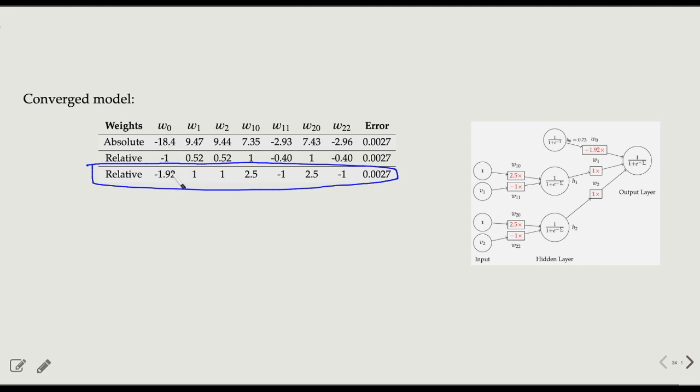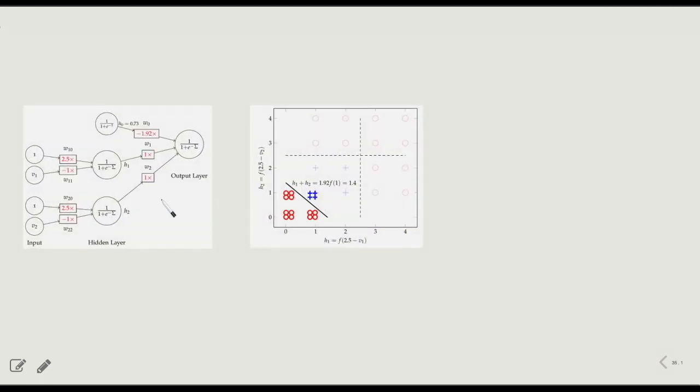So W0 is minus 1.9, which is here. We can put the values back into the model, and this is what the model shows. Let's visualize the model using the weights here.